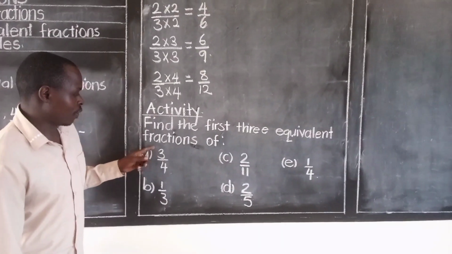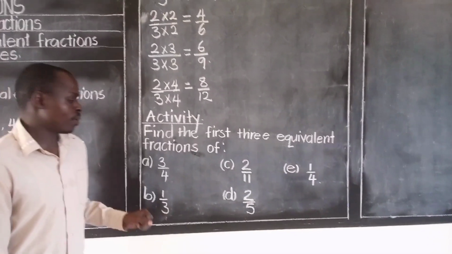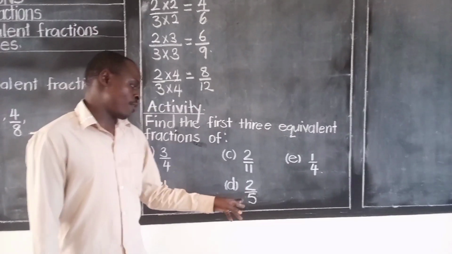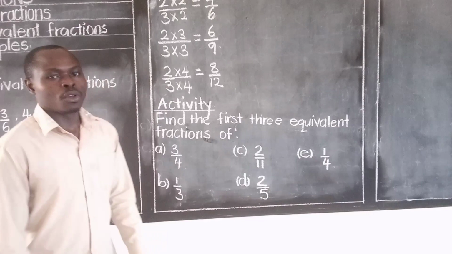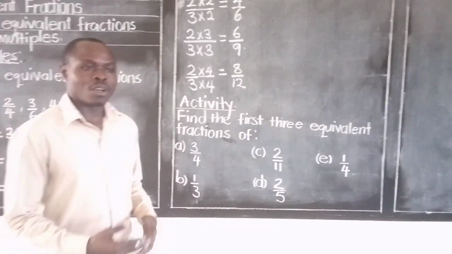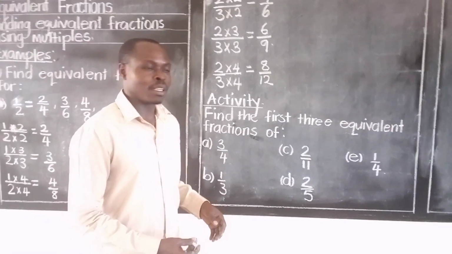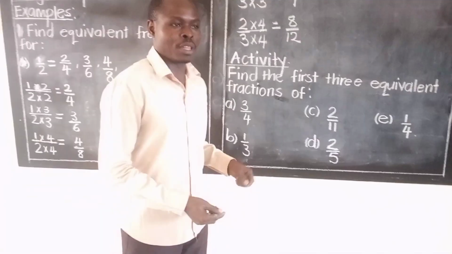The fractions are 3 out of 4, 1 out of 3, 2 out of 11, 2 out of 5, then 1 out of 4. So take your time, study the activity well, work it out. We shall check on the answers in the next lesson to see how far we have gone with it.